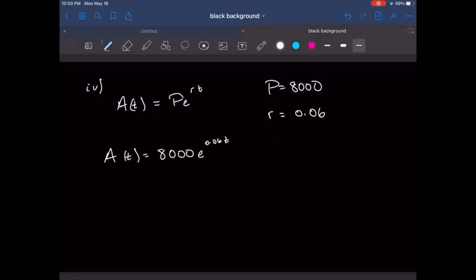Don't ever put in 6. It's 0.06, right? Oh yeah, okay, so it's 0.06 times t. Yes. Only on continuous compounding do you use this formula.